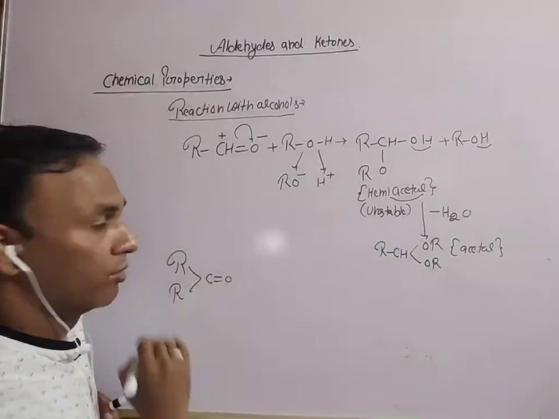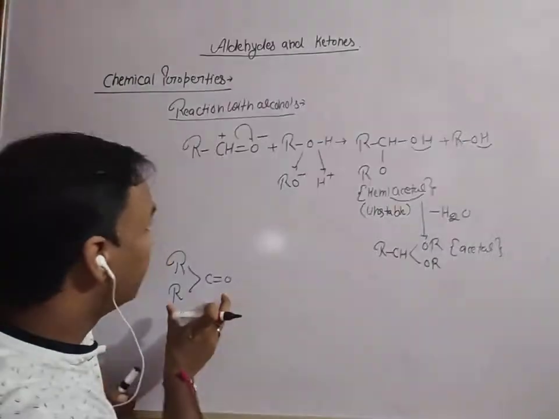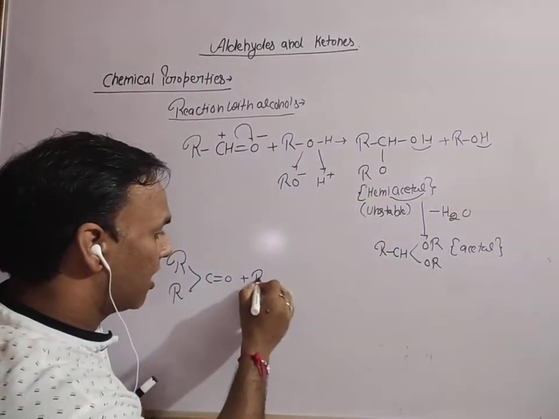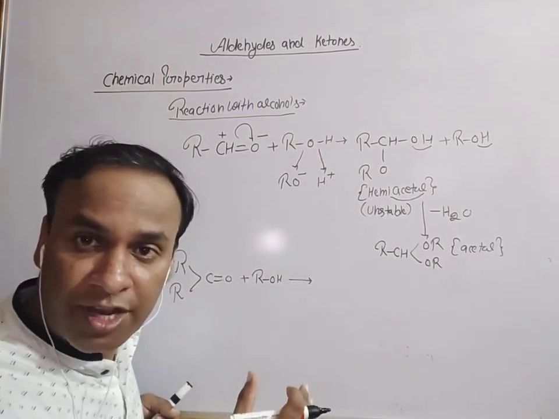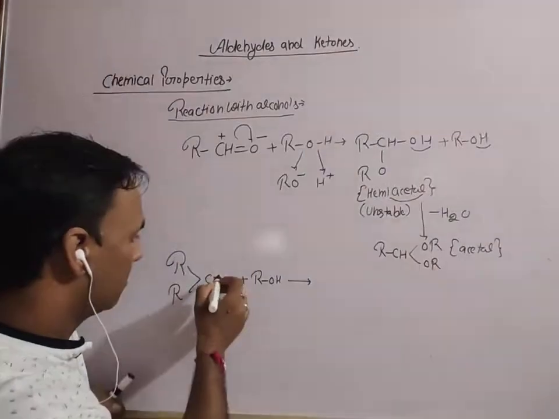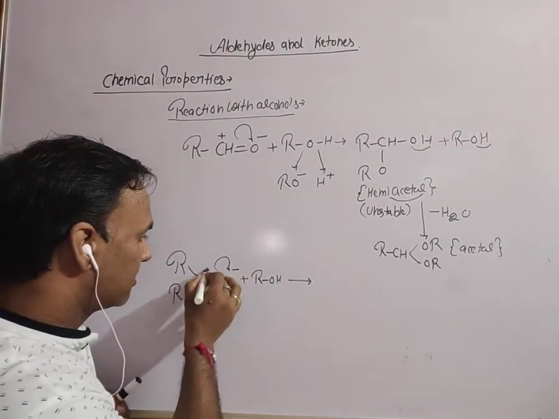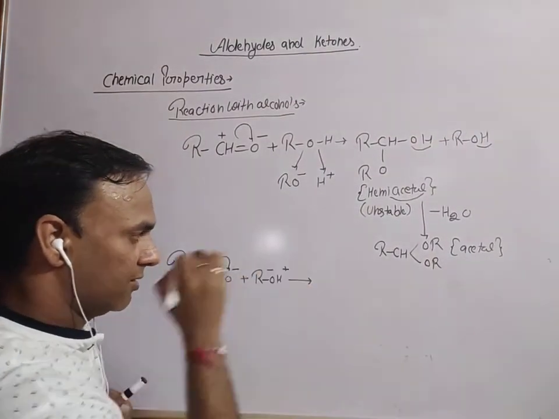In the same manner, when we talk about a ketone, the ketone reacts with the alcohol ROH and gives the addition reaction across the double bond. O minus, C plus, RO minus, H plus.